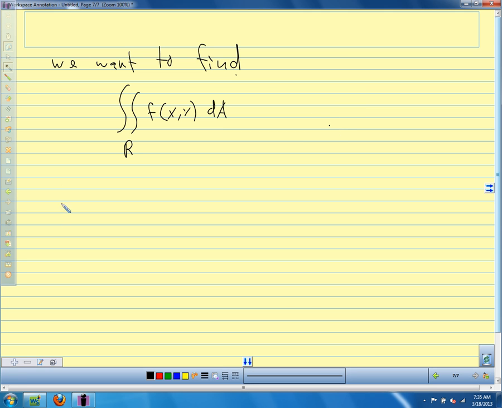How would you set up your integral, or how could you set up your integral? We're talking either vertical, horizontal, rectangles, or polar coordinates. So how would you set up your integral for that region?